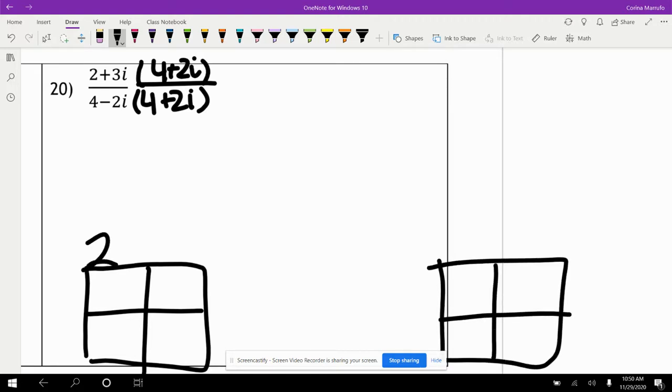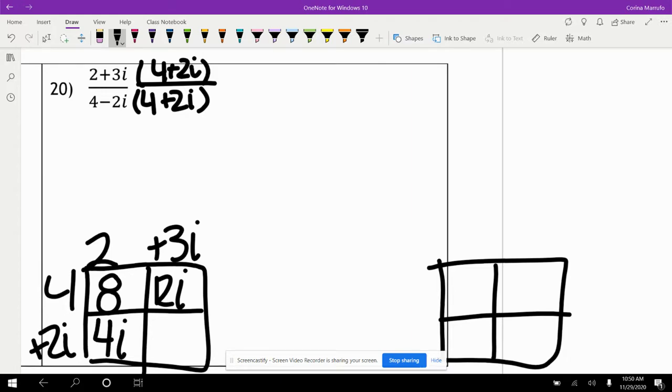So here I have 2 plus 3i times 4 plus 2i. So 4 times 2 is 8. 4 times 3 is 12i. 2 times 2 is 4i. And then 2 times 3i gives us 6i squared. So then we go ahead and write the whole thing out.